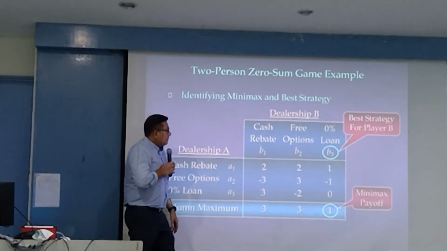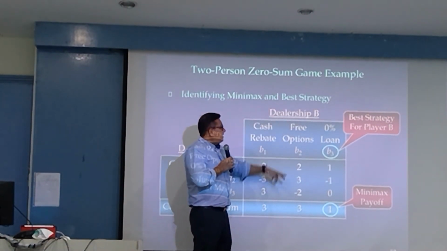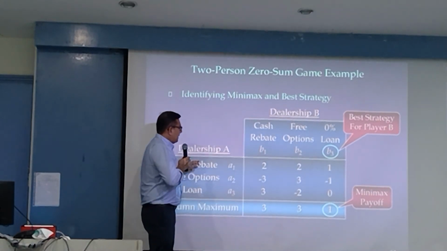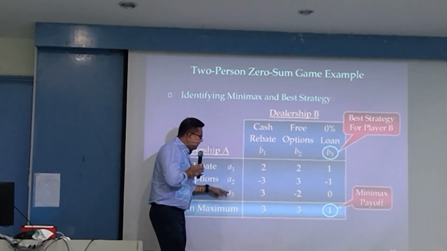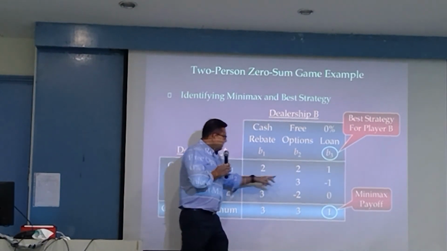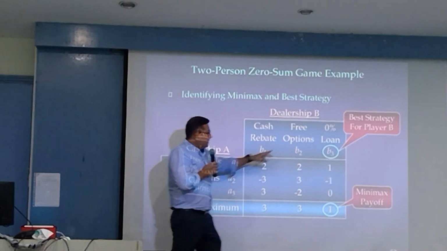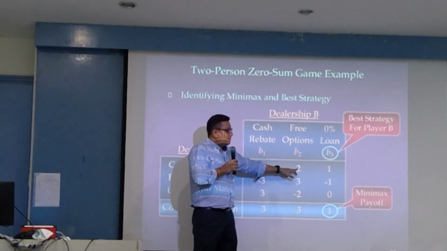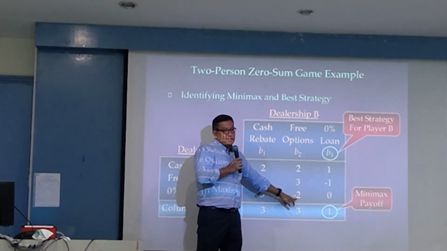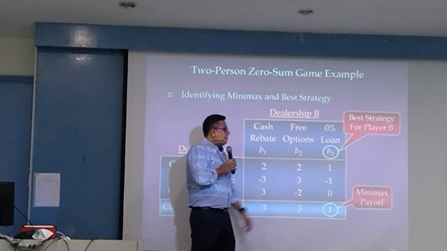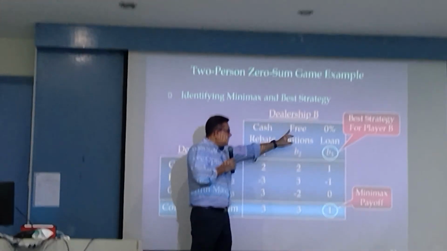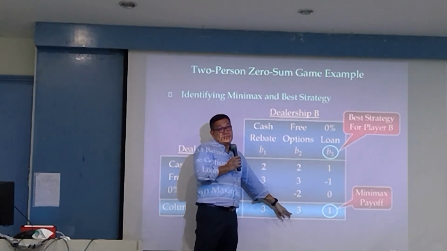For strategy B2, don't forget this one is positive for A, so company B lost 2%, lost 3%, and gains 2%. So the maximum loss for dealership B under strategy B2 is 3%.